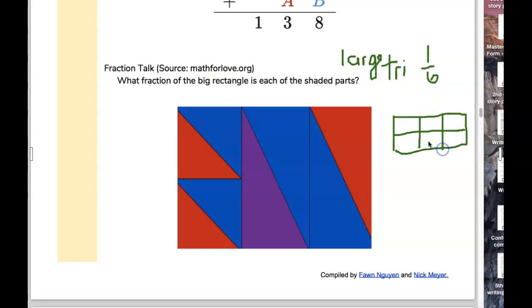Now if you were to divide those in half, 1, 2, 3, 4, 5, 6, and then 6 more. So each of those would be what? 1 what? Without giving you all the answer. So that would be the small triangles.